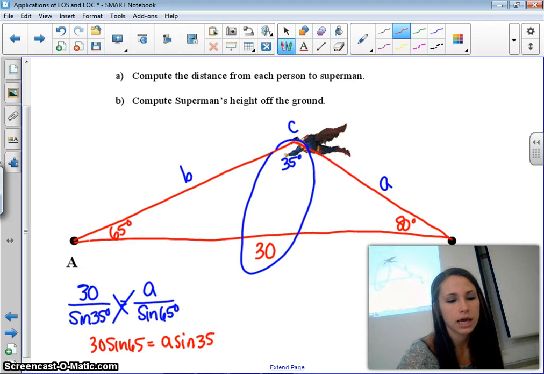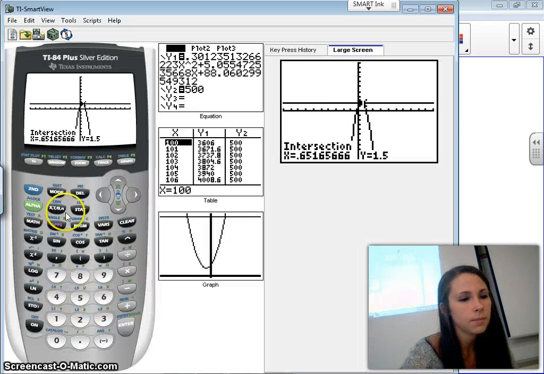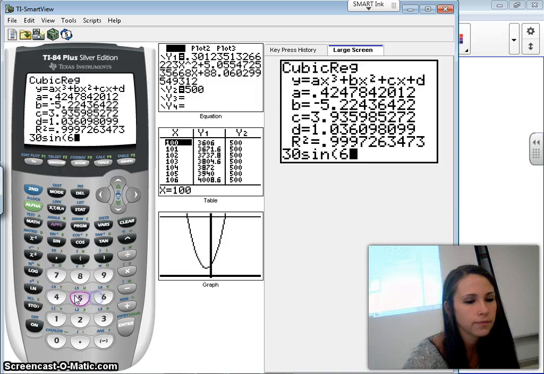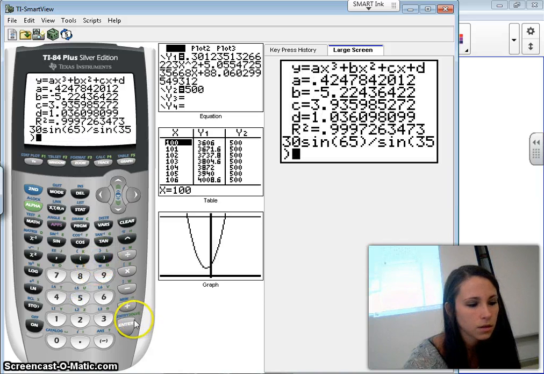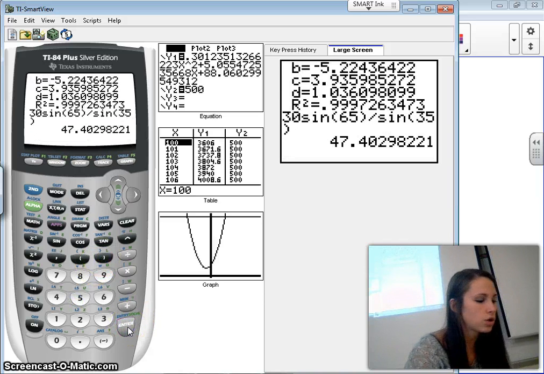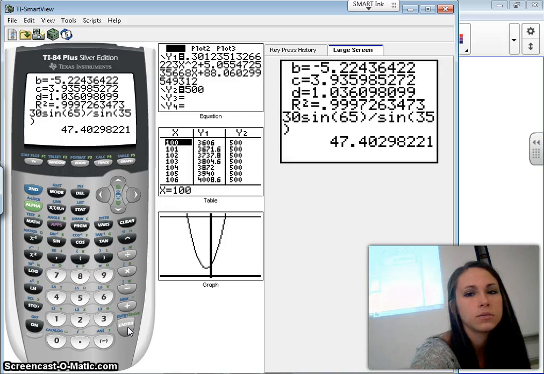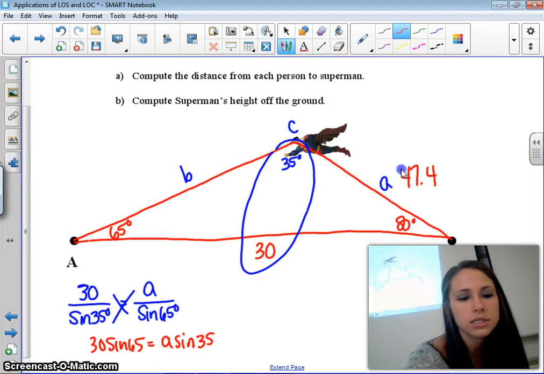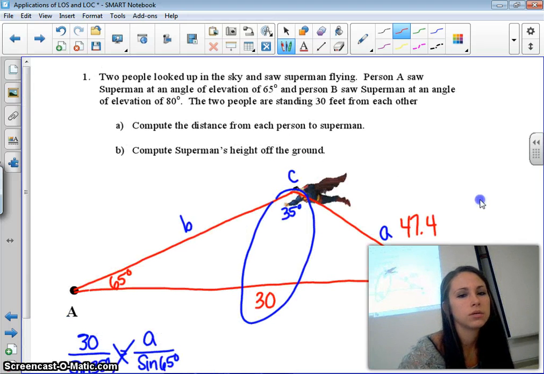And I'm just going to type this in the calculator and solve. Alright, so 30 sine 65 divided by sine 35. What should I get for side A? 47.4. So 47.4, and this is going to be in what unit? Feet.